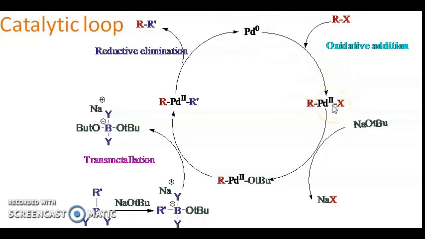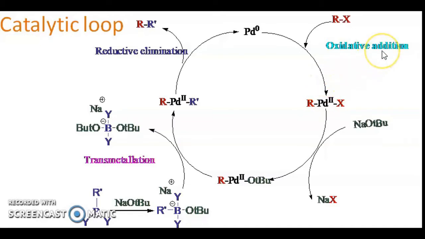And here, one thing you have to remember is, in case of vinyl halide, the oxidative addition proceeds with retention of configuration, while in case of allylic and benzylic halide, there will be an inversion of configuration.